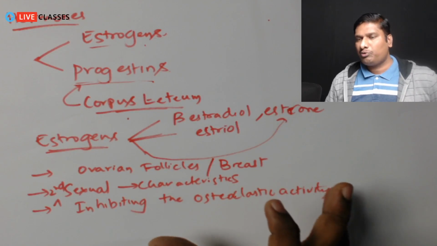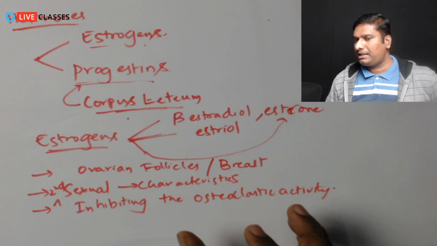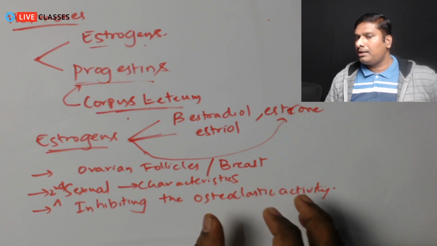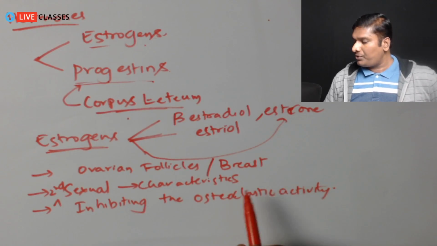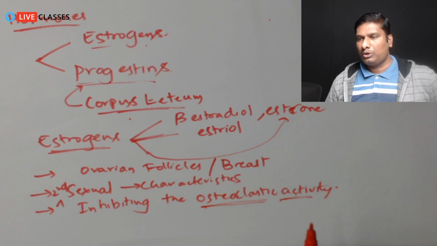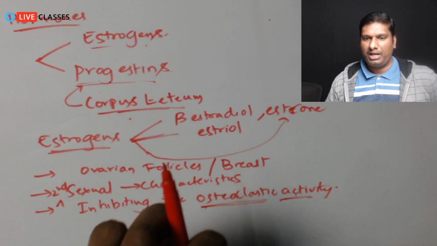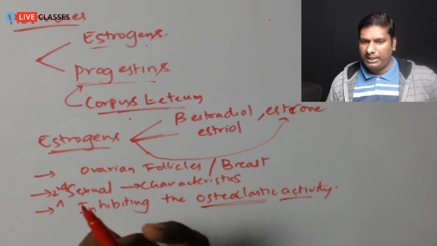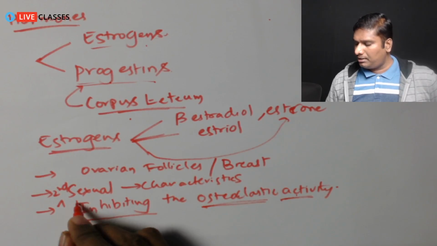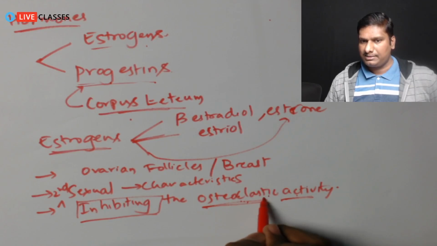You don't have to worry about why they attack. Just understand this: there are certain types of cells in our body which, in order to maintain calcium levels, start acting on the bones and releasing calcium from them. As a result, your bones start to become weak. So in order to prevent that, the estrogens inhibit this activity of the cells.